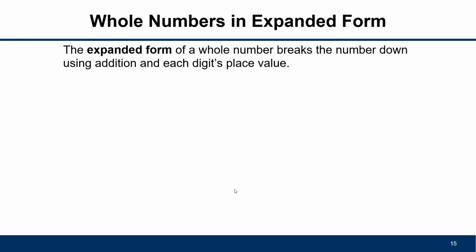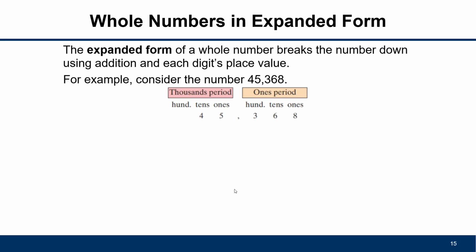Okay, how about writing whole numbers in expanded form? Well, the expanded form of a whole number simply breaks the number down using addition and each digit's value. For instance, let's consider the number 45,368. We can write it into the periods, right?